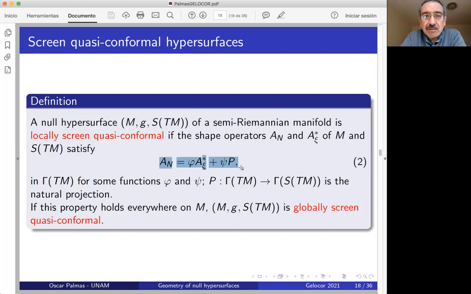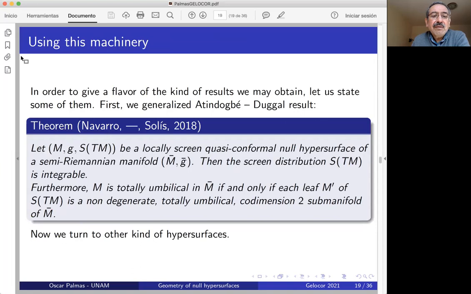So we have a local definition, a global definition, and we were able to generalize the results by Attendant and Dugal, just as an example.